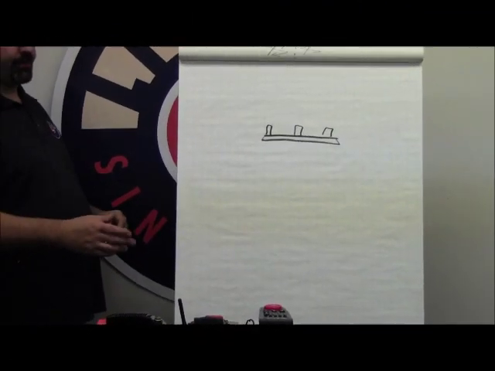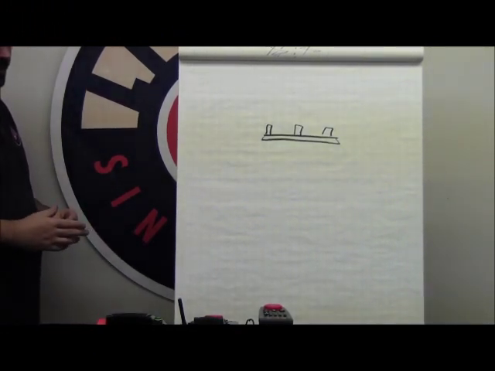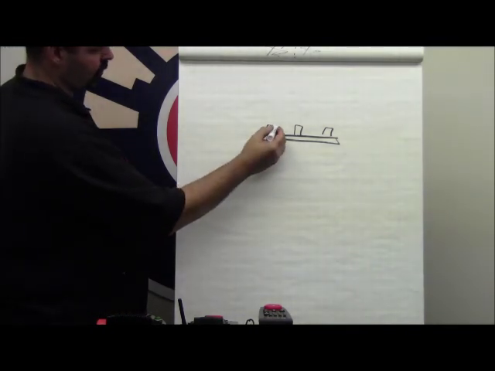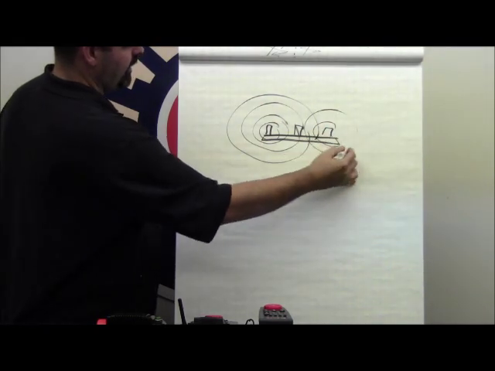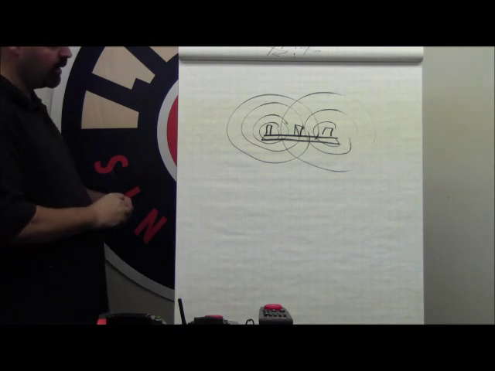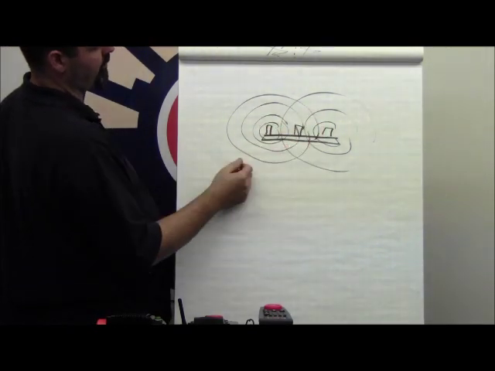Your command base generates a command signal. That command signal is 455 kilohertz. That signal broadcasts through both outside rails. It has no electrical current whatsoever. It's simply a radio frequency that's being broadcast through your rails themselves.